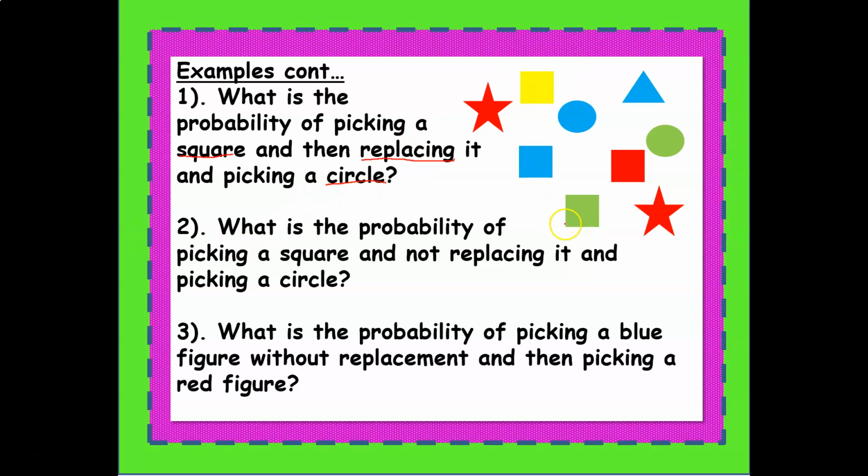So the probability of picking a square is 4 out of a total of 3, 6, 9 tiles, times 2 9ths. So we get 8/81 as our probability.